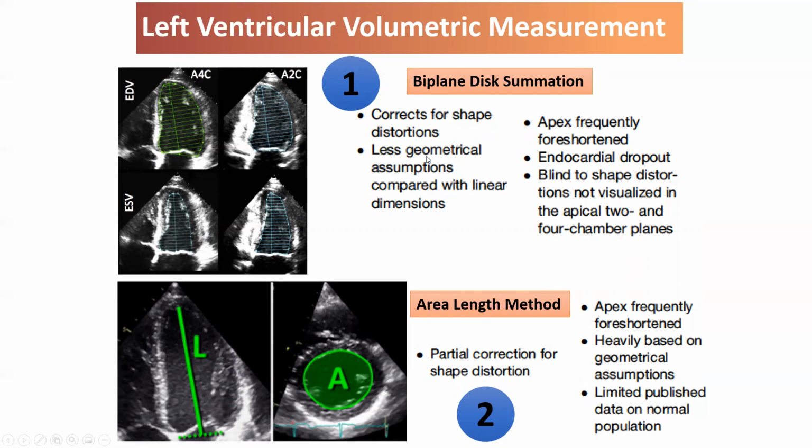This method corrects for shape distortions, and has fewer geometrical assumptions compared with the verboten linear dimensions. A couple of the problems that we'll see are there is endocardial dropout on the lateral walls, and if the ventricle is abnormally shaped, you will not get an accurate left ventricular volume, and we'll be dealing with this in a second.